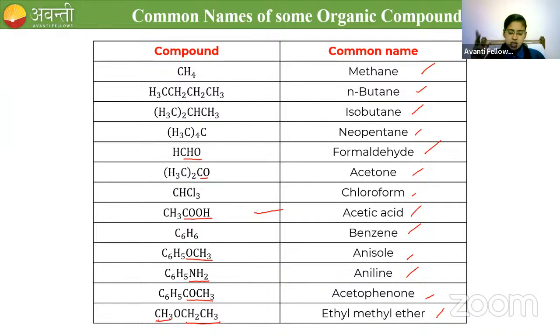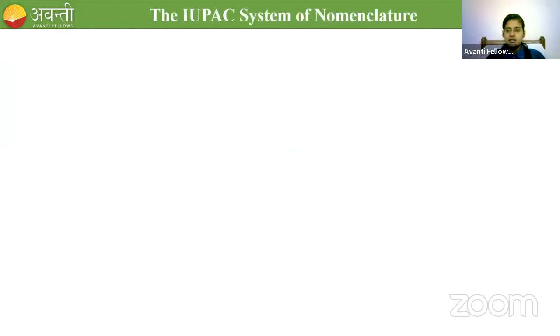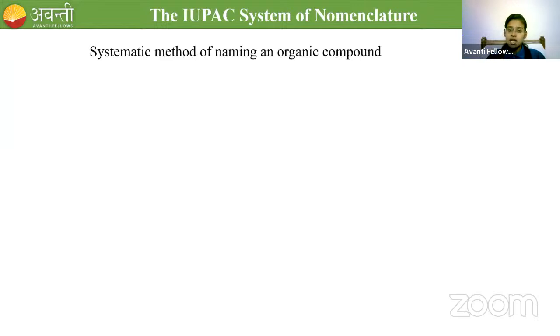Now let us move into the very important system of nomenclature called IUPAC nomenclature. Can anyone tell me the full form of IUPAC? This is the systematic method of naming an organic compound, as compared to common naming.